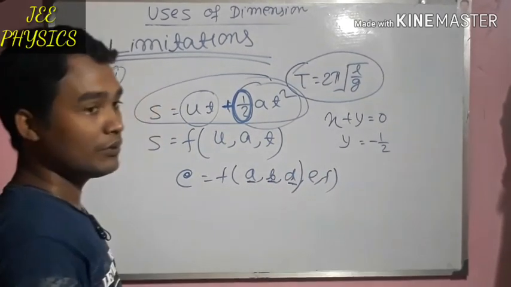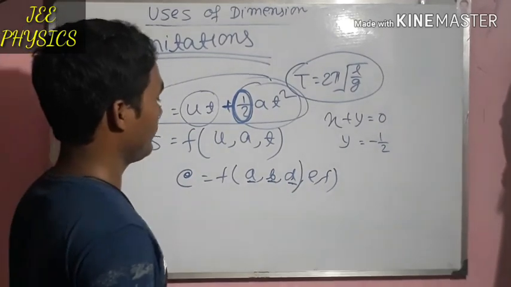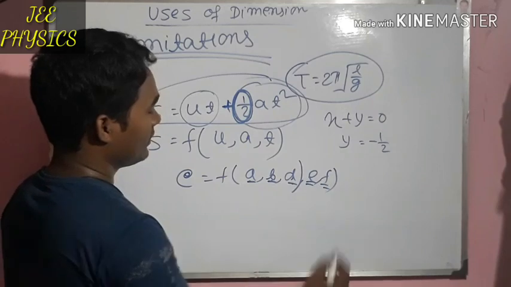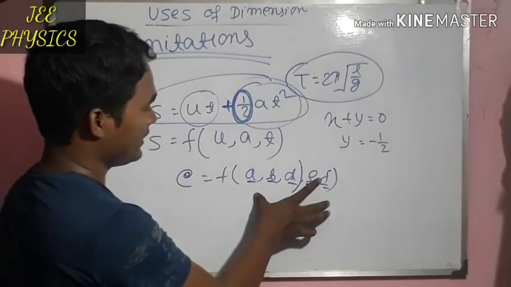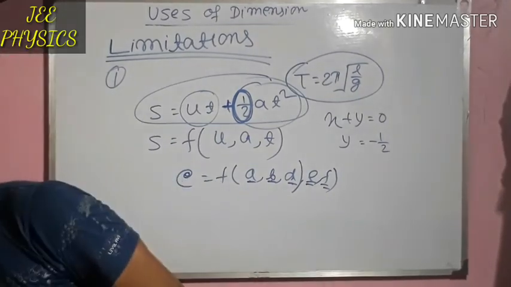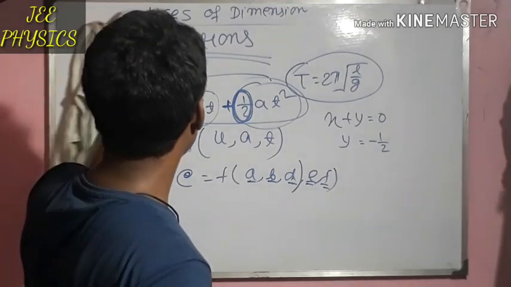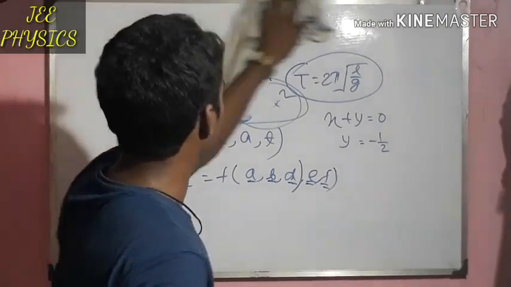This will give three equations and you have three unknowns, the M, L, T powers, so you can find them. But if you have five unknowns here, you cannot get the relationship using the dimensional method. So these are all about dimensions.